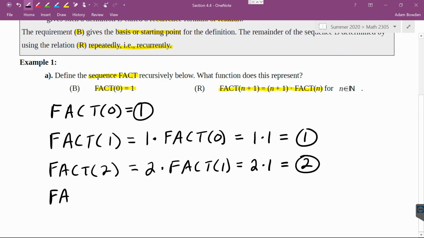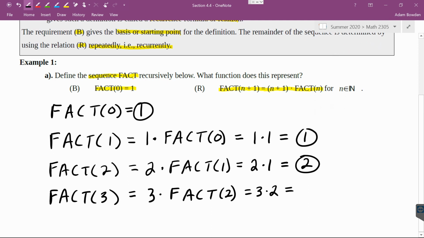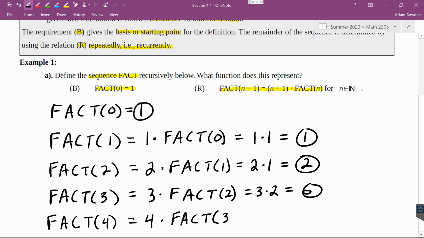And then fact 3 would equal 3 times fact 2. And that would be 3 times 2, or 6. And we could keep going on this way. It'd be 4 times the value from the last step, so fact 3.